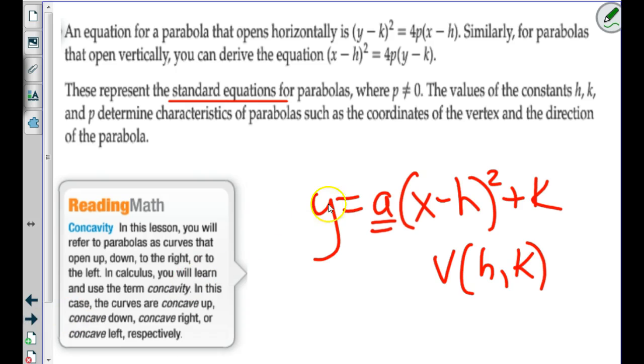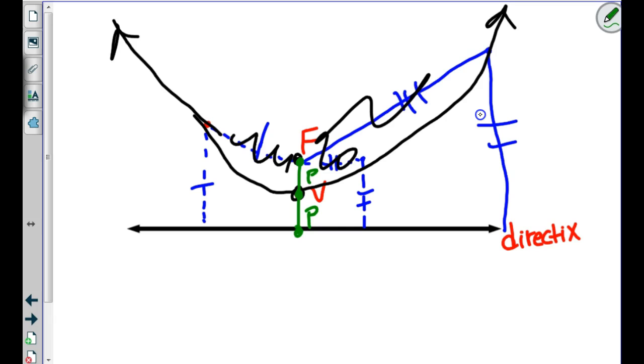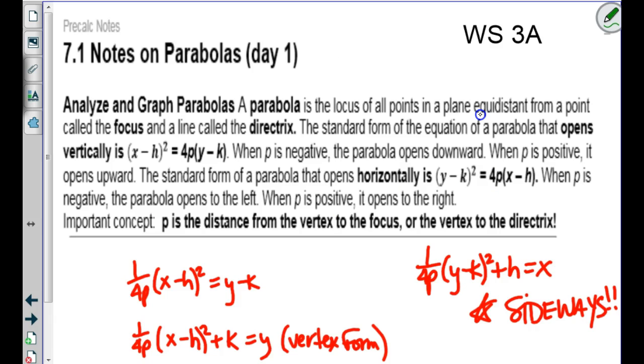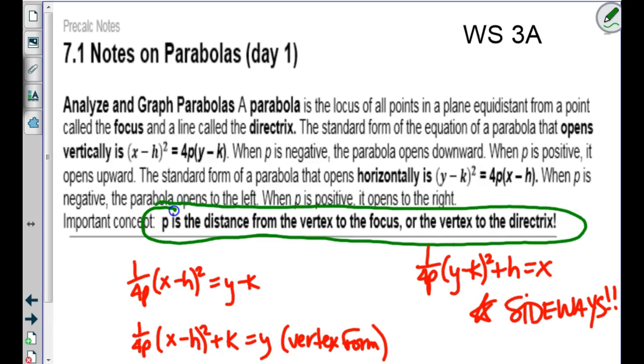The letter P stands for the distance from the vertex to the focus and the focus to the directrix. Here it is. This is in your notes. Everybody see it at the top of your notes? P is the distance from the vertex to the focus or the vertex to the directrix. It's the same distance.